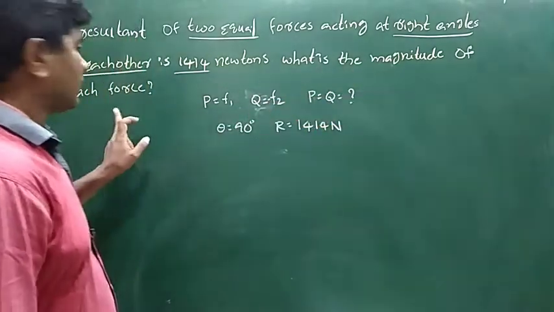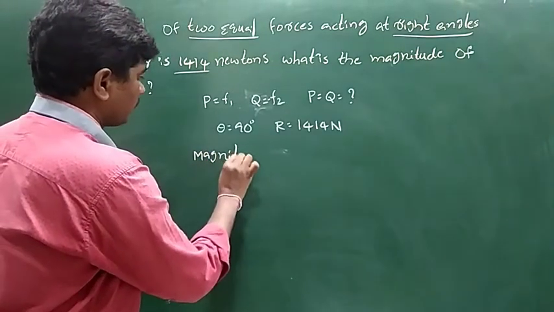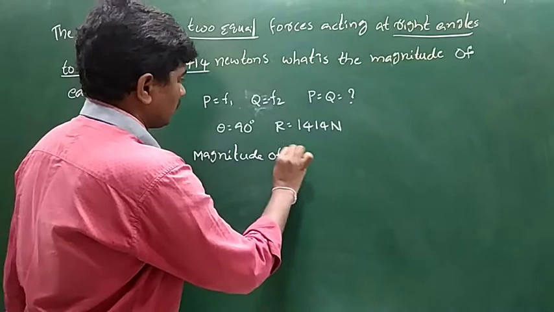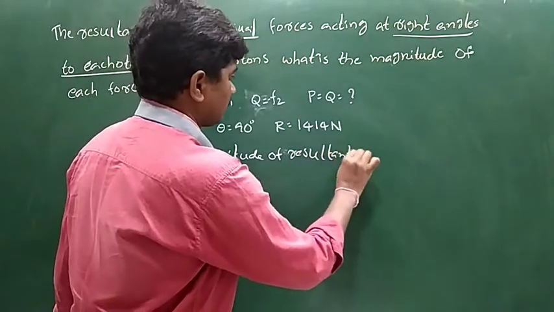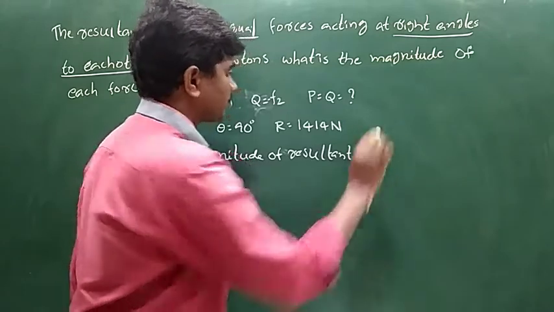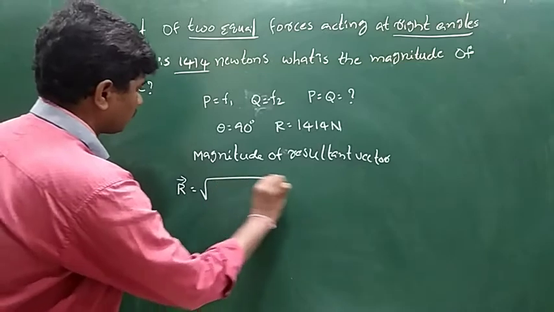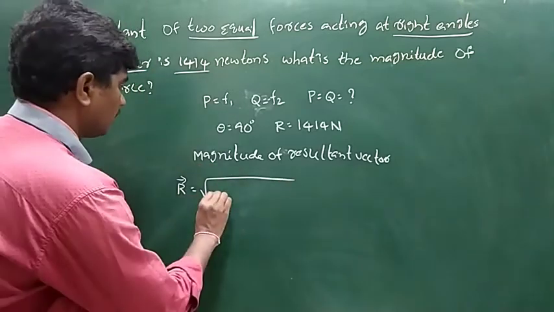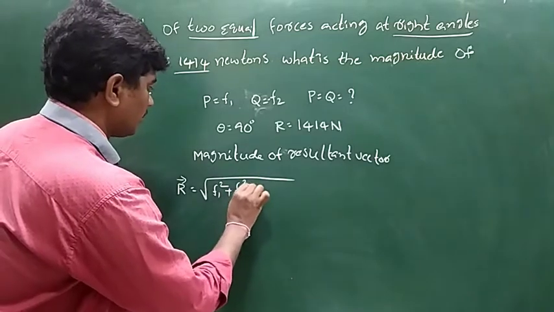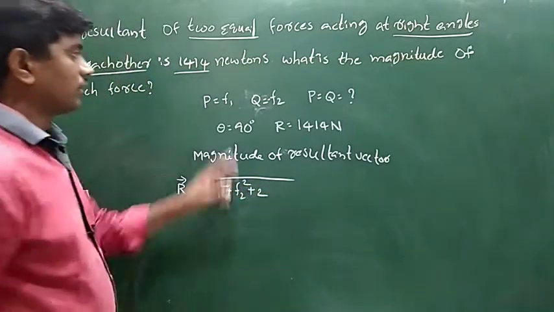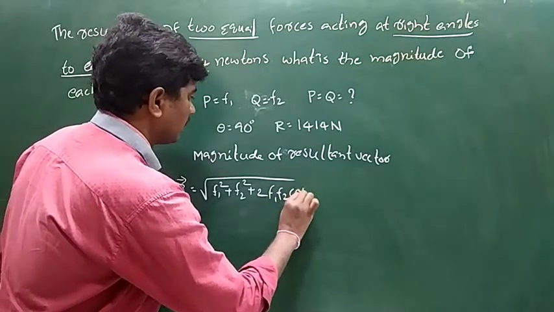The magnitude of the resultant vector: R equals the square root of P squared, meaning F1 squared, plus Q squared, meaning F2 squared, plus 2 F1 F2 cos theta.